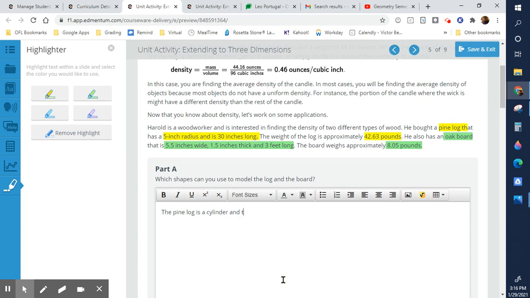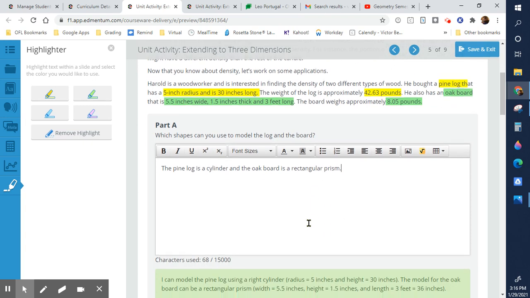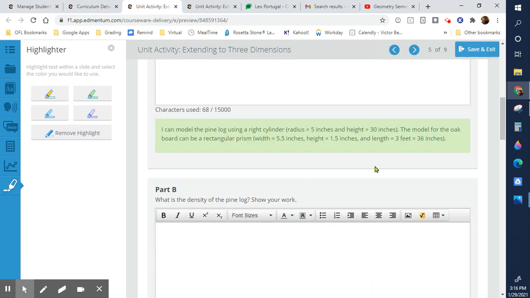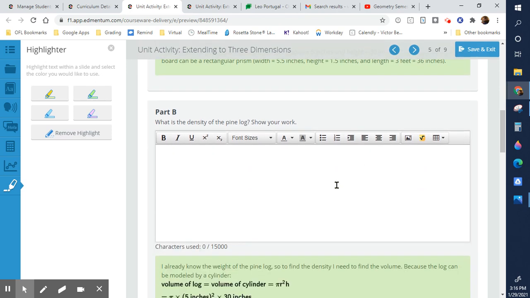And the oak board is a rectangular prism. Or you could just say prism, but the main idea is that it's a rectangular prism. It's very easy to see that. They go into this in more detail in their answers. Again, you don't have to do that, but you will kind of have to do it when you're talking about the pine log.